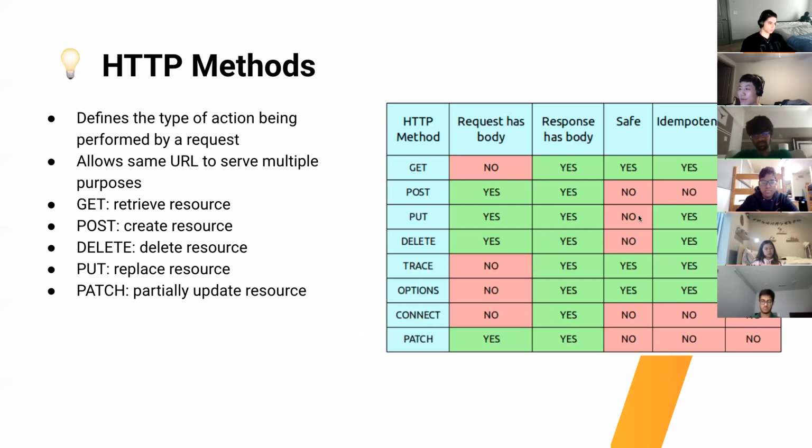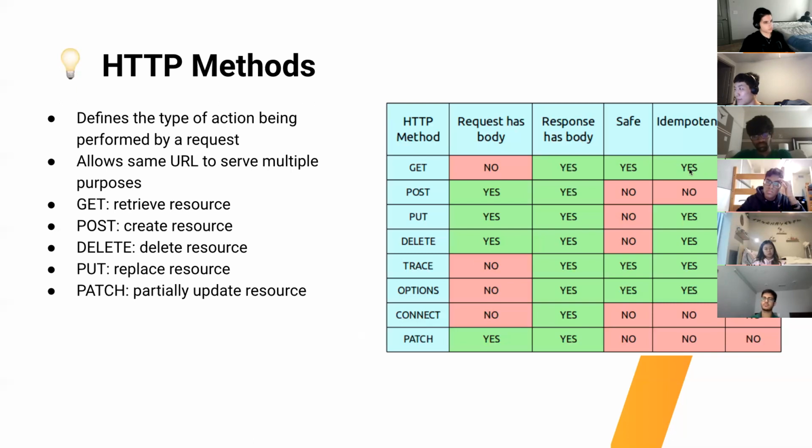And safe means the request will not modify the state of the backend server. So with GET, you're just reading data, so that's a non-modifying operation. But POST, PUT, and DELETE are all modifying operations, which is why they're not safe.